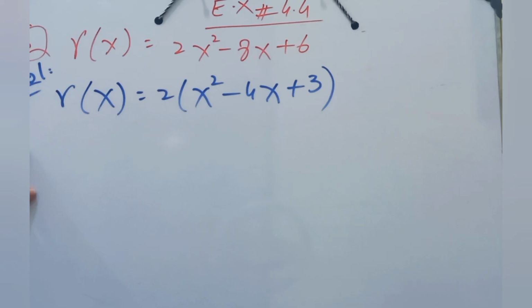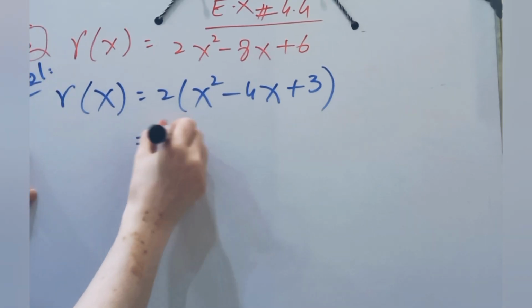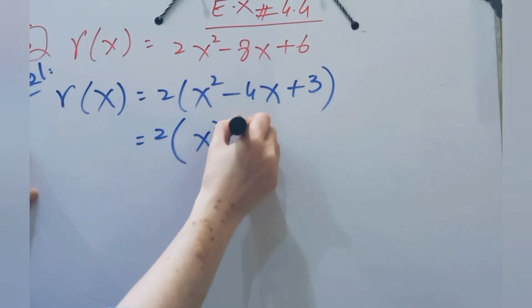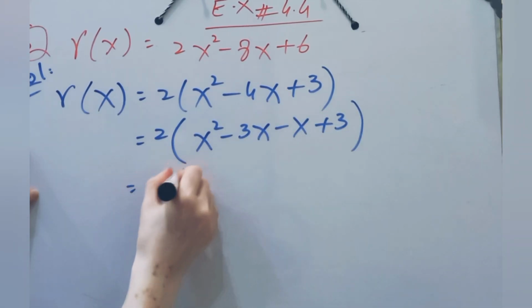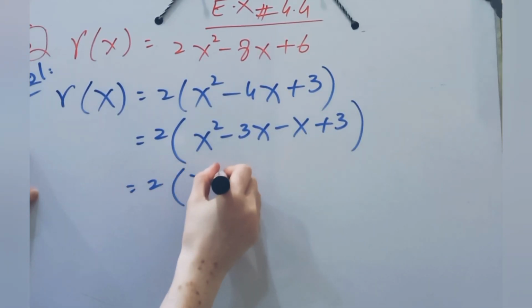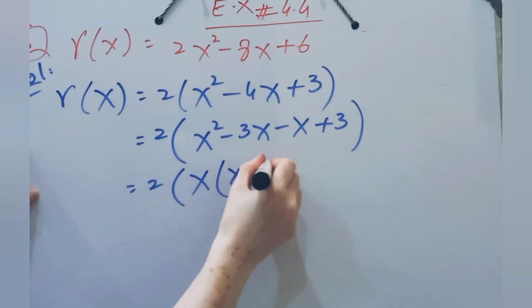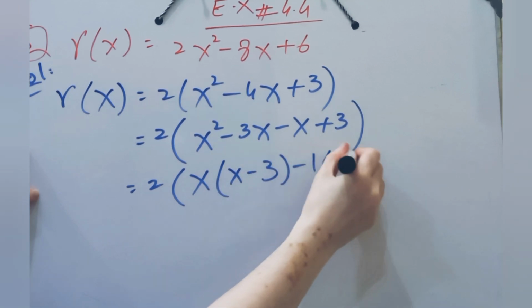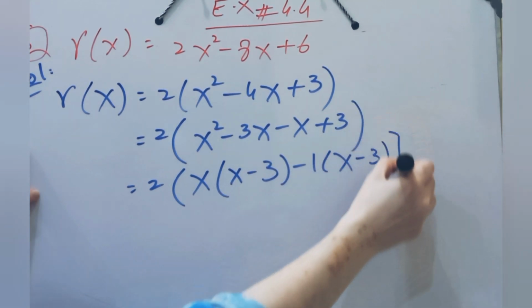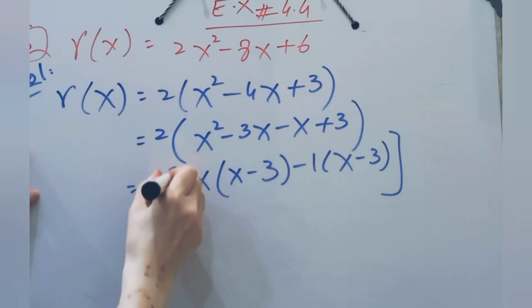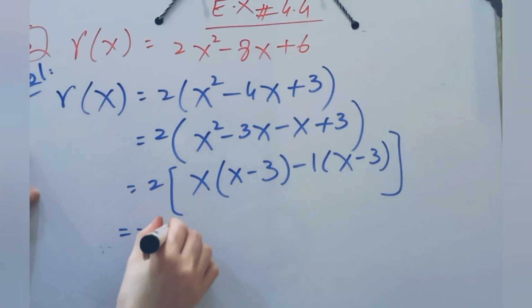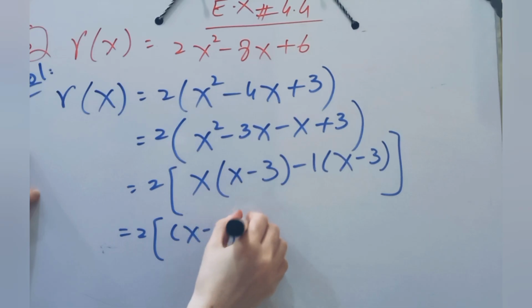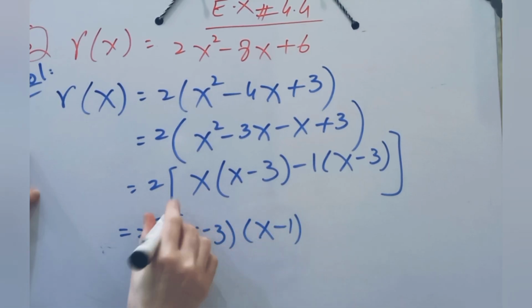So we make factors: 3x and 1x into 3. We take a common x minus 3, 1 into x minus 3, and we can write it in the box. In the last step, taking x minus 3 common, x minus 1 is left behind.